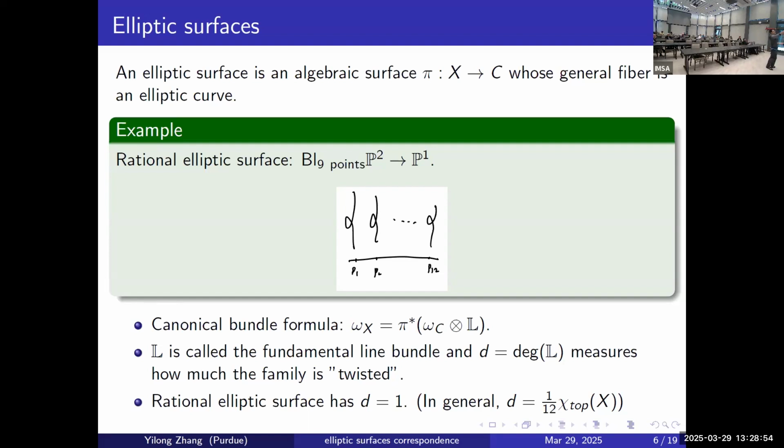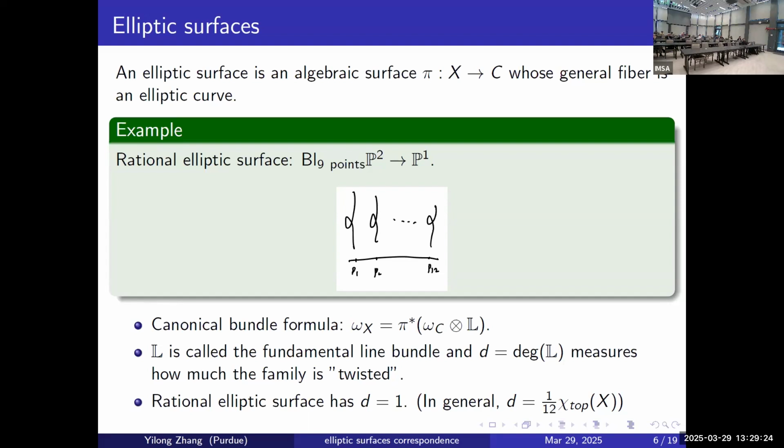So here, what is true is that if you work with elliptic surfaces, and assume that your fibration doesn't have multiple fibers, then this topological Euler characteristic is always divisible by 12. If you divide by 12, that number is the degree of this line bundle. So let's compute the Euler characteristic of this.